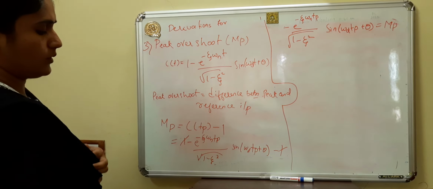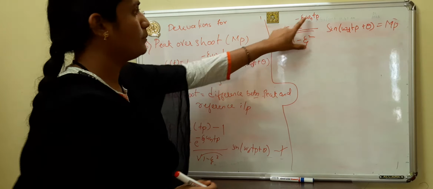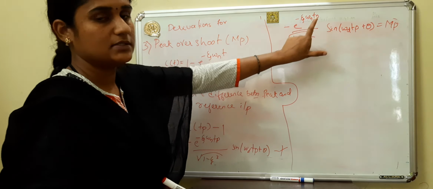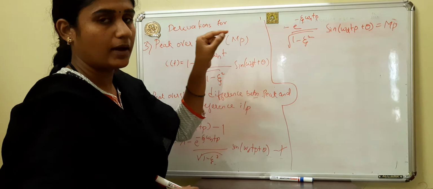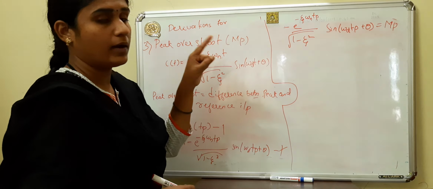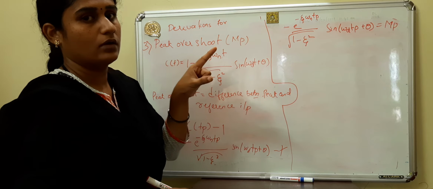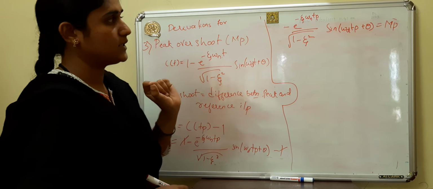In the previous formula, peak time tp is defined as tp is equal to pi by omega d, or pi by omega n square root of 1 minus zeta square.